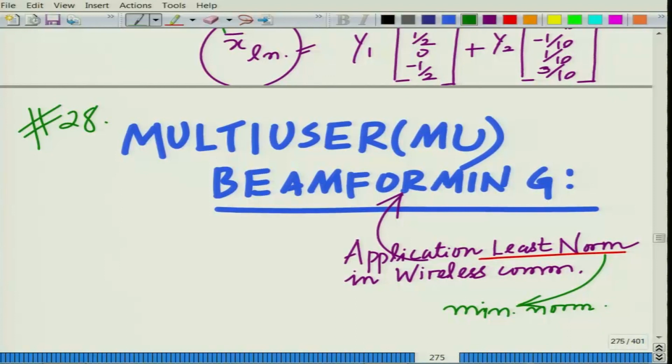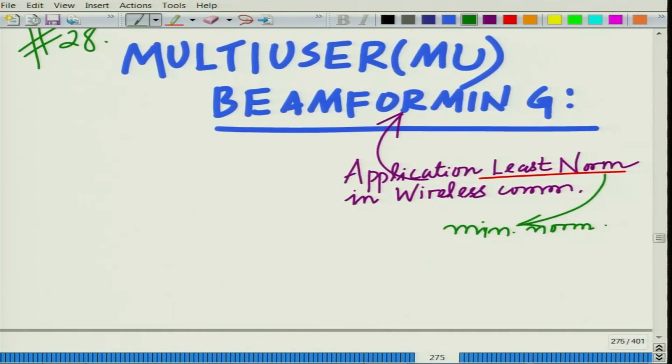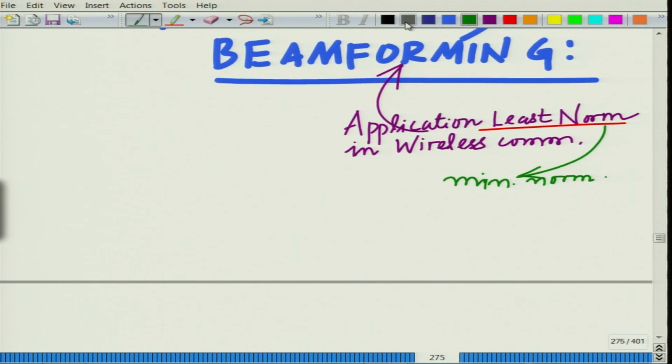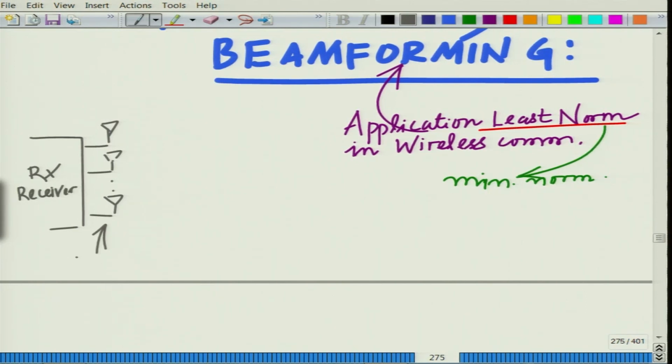Okay. And what this application, multi-user beamforming, is essentially is as follows. Let us say once again you have multiple antennas, and this is your receiver. Let us say you have L antennas and you have two users. Now, this is a multi-user scenario.